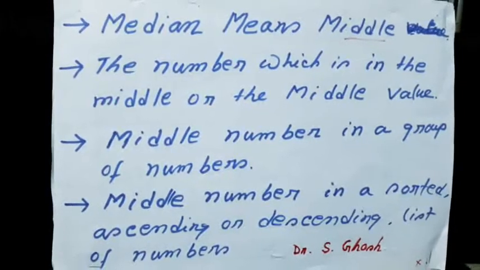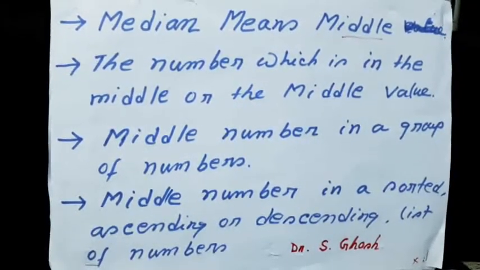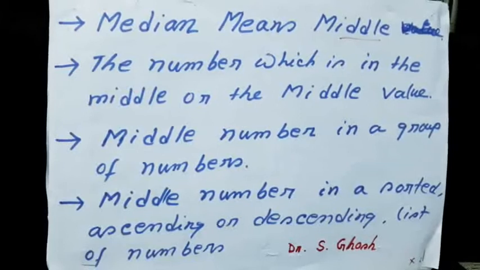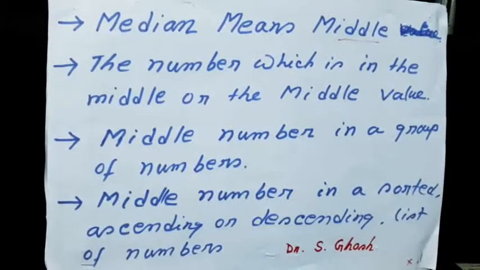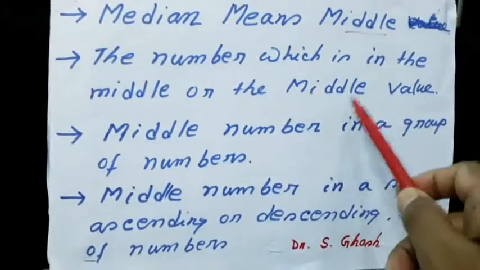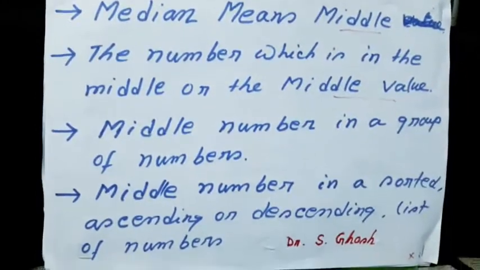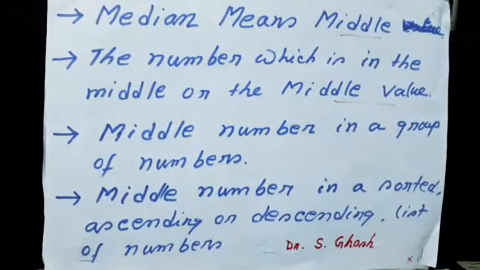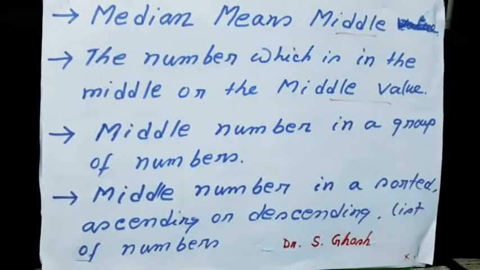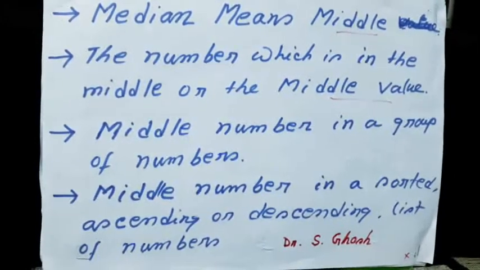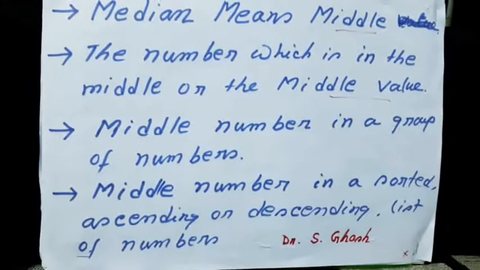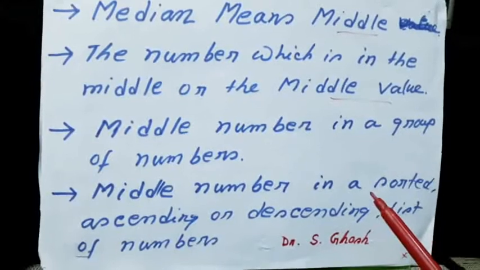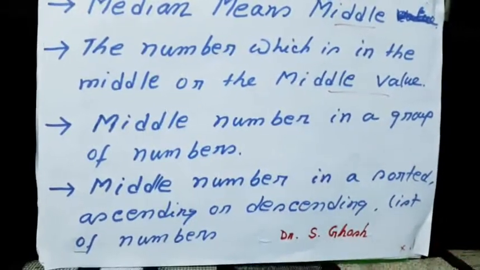Or in short, we can say median is a middle number in a group of numbers. It may also represent the middle value. When all the observations are arranged or sorted in an ascending or descending order, the middlemost value is the median.